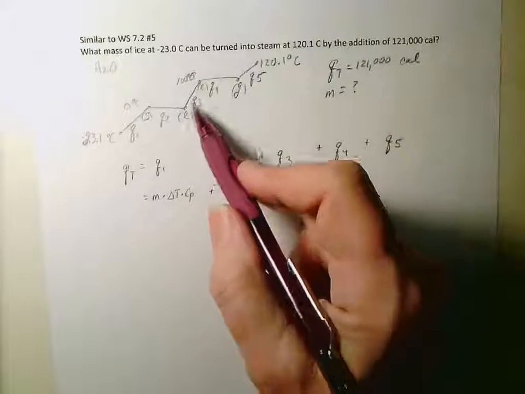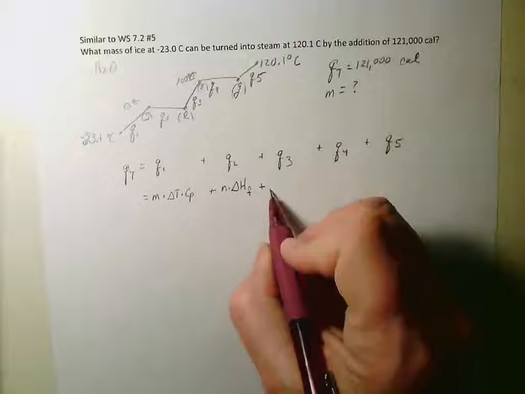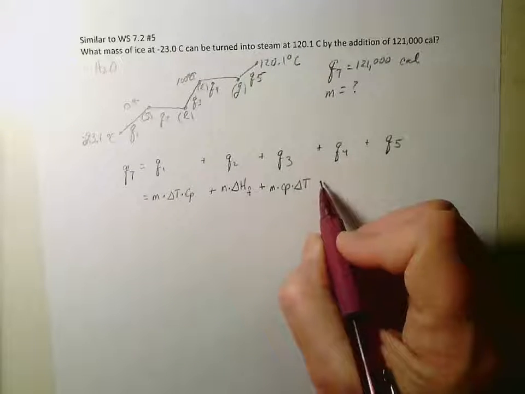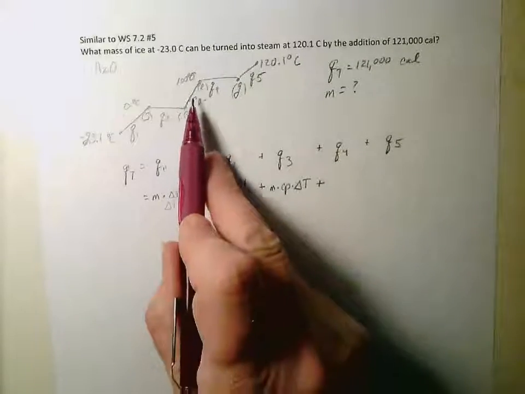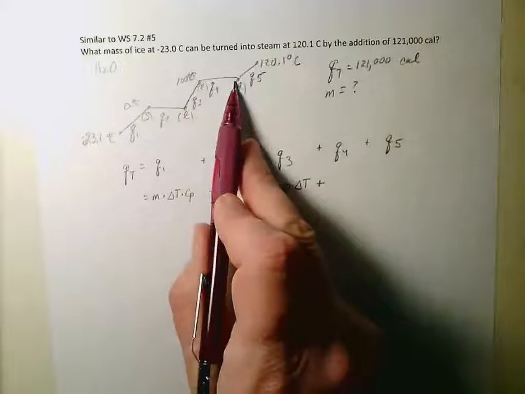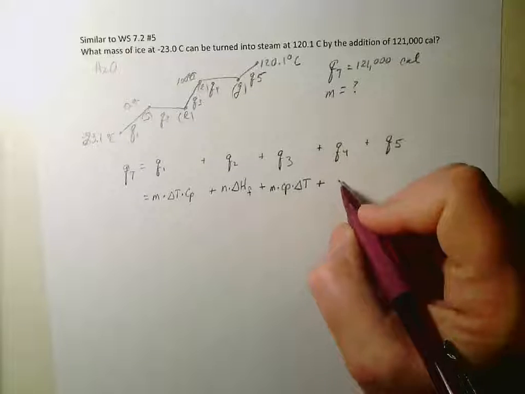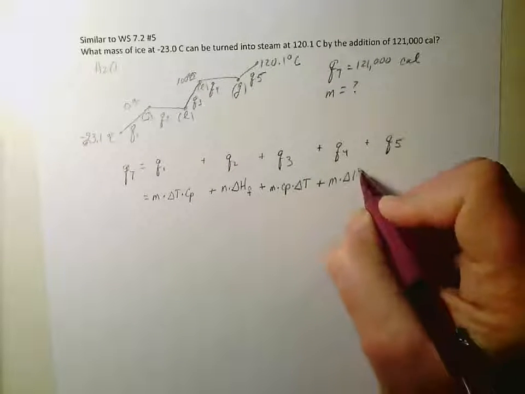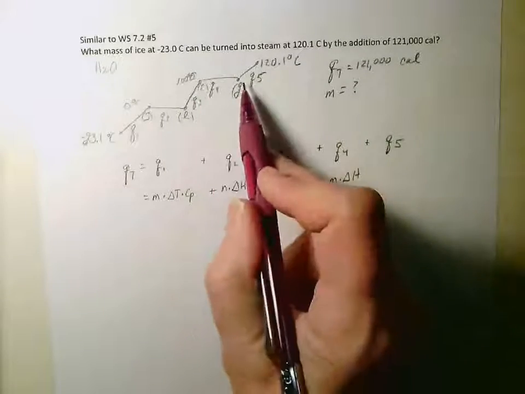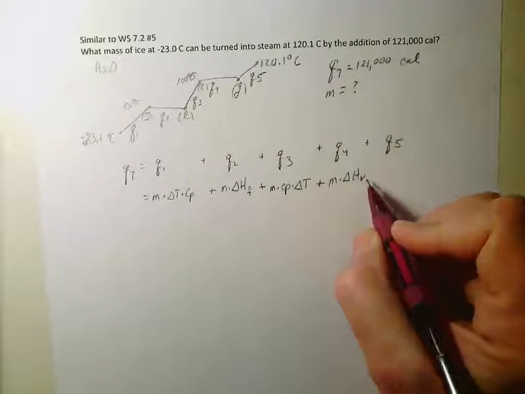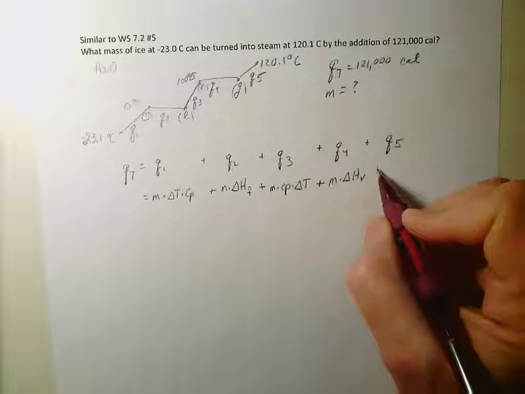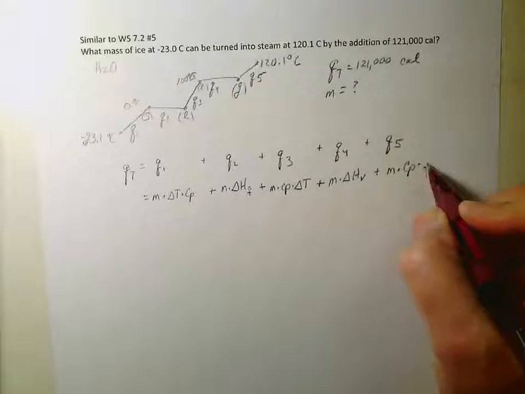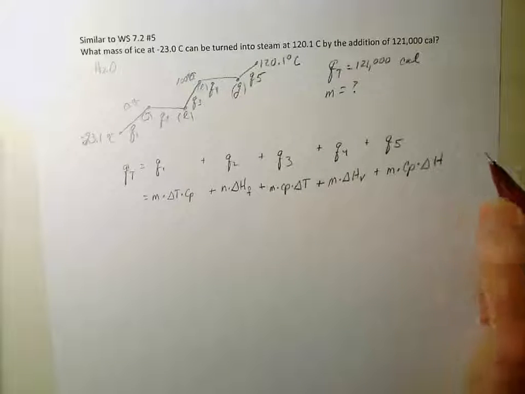Plus, now I have another temperature change, so it's mass times C sub P times delta T. Plus, here I'm going from liquid to gas, so now this is a change of phase, and it's going to be mass times delta H, but now this is vaporization. And then the last one is another change in temperature, mass times C sub P times delta T.